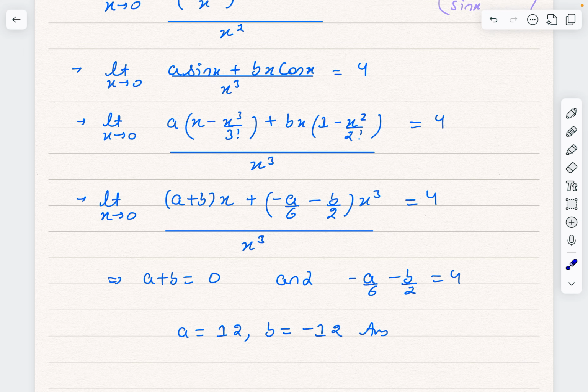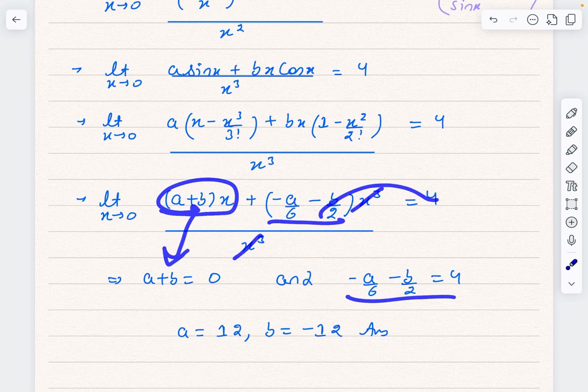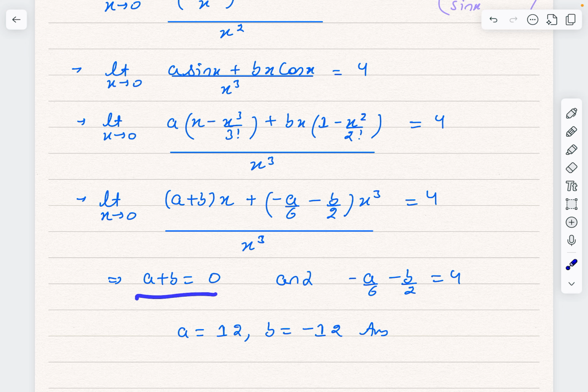When you expand, you get a plus b times x minus a by 6 minus b by 2 x cube, equal to 4 by x cube. Now this can be equal to 4 only if the x term is cancelled out, so the coefficient of x must be 0, and then x cube cancels, and this must be equal to 4. So a plus b is 0, minus a by 6 minus b by 2 is equal to 4. You solve for a and b, get 12 and minus 12.